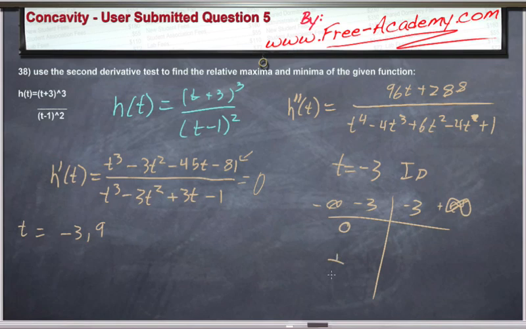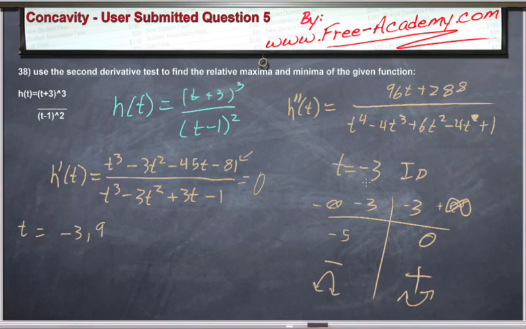That is hugely positive. And if we take a test value, say -5, we can calculate this all out, and we're going to get a negative number. That will be concave down. This will be concave up.